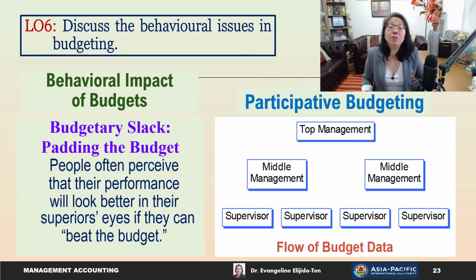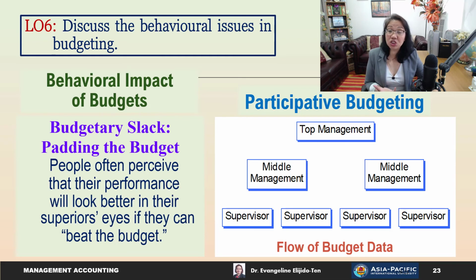Most people will perform better and make greater attempts to achieve a goal if they have been consulted in setting those goals in the first place. So the idea of participative budgeting is to involve employees throughout an organization in the budgetary process.